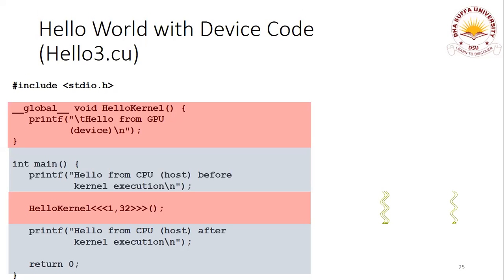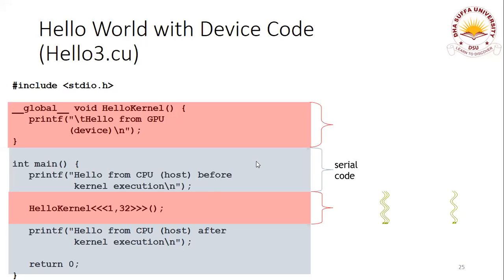I hope this makes sense, because 1 comma 32 is 32 threads. 32 threads are active right now and are going to execute this function void hello kernel. Therefore, this instruction is going to be executed 32 times. So let's see what happens.